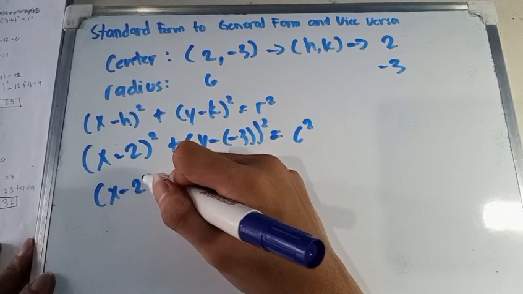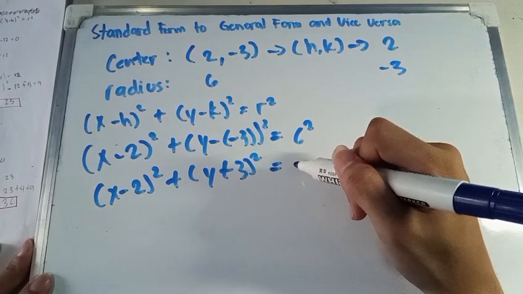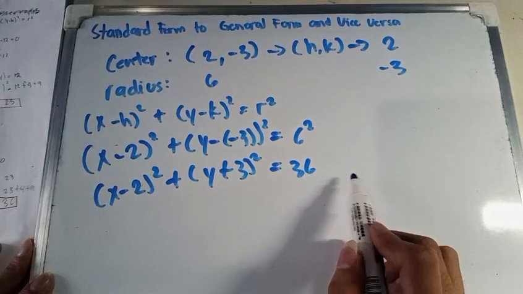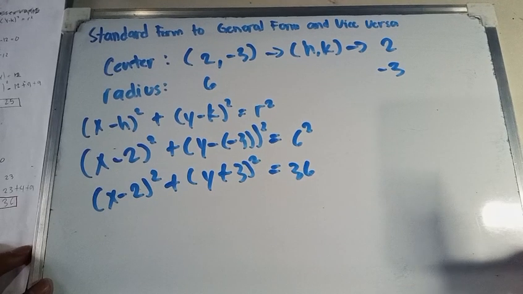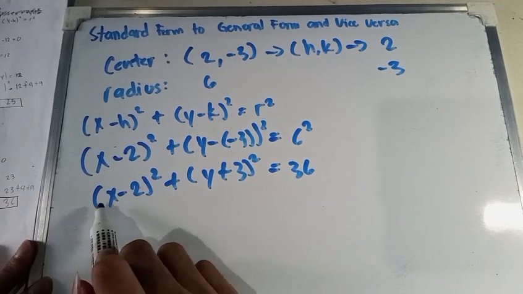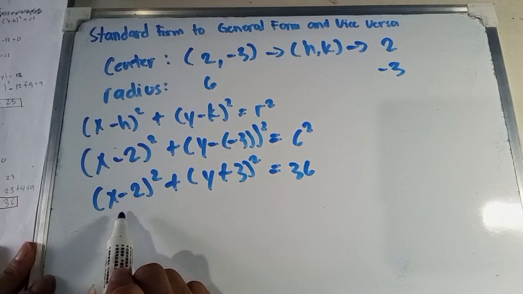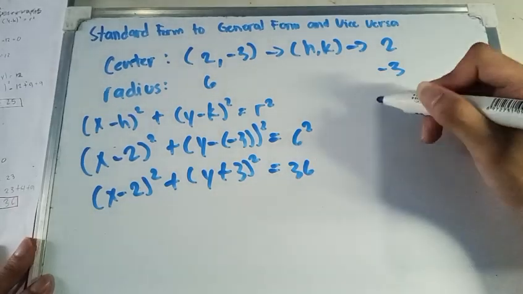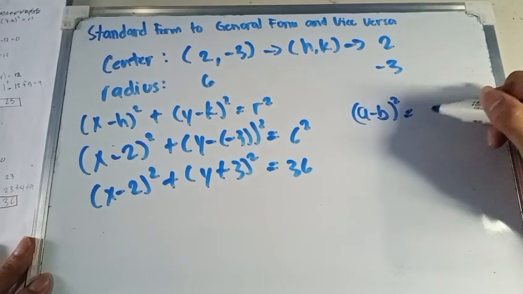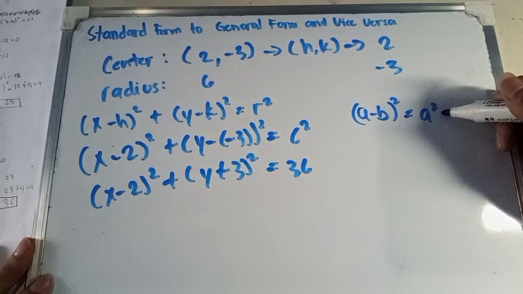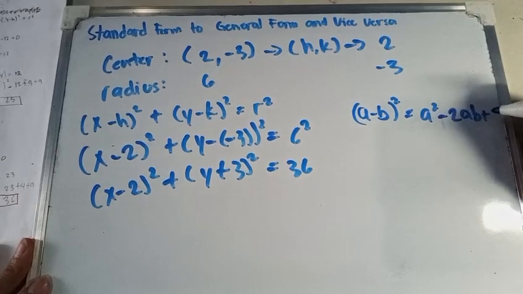Now let's solve. (x minus 2) squared plus (y plus 3) squared is equal to 6 squared, which is 36. So this is now our standard form. Now let's convert it to general form. There is a shorter way to solve the square of a binomial, and that is to follow this form. (a minus b) squared is equal to a squared minus 2ab plus b squared.